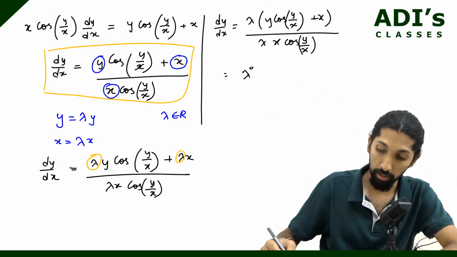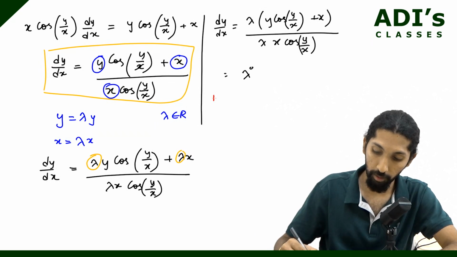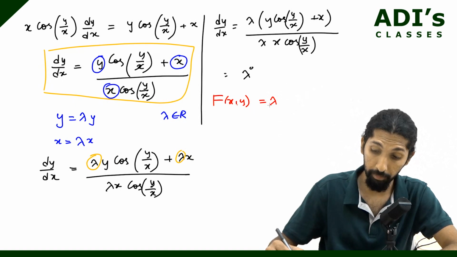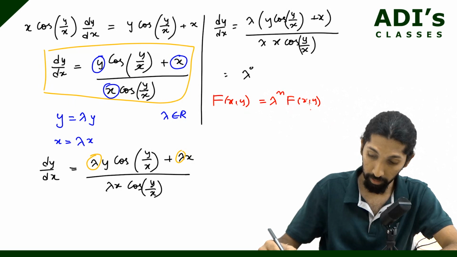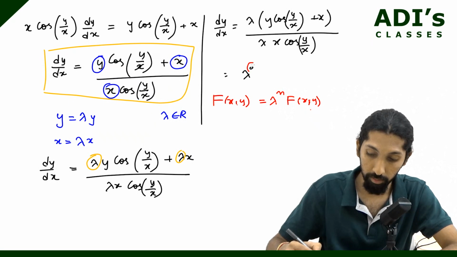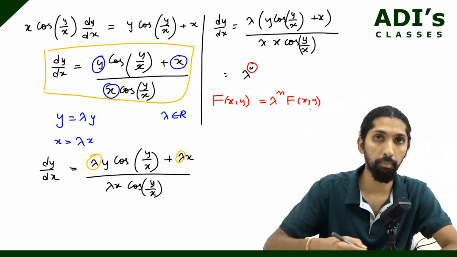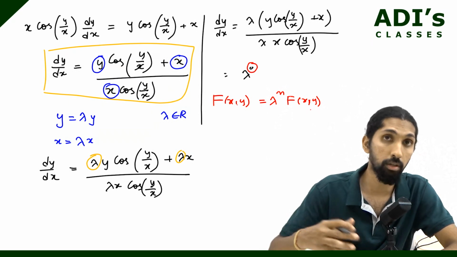We saw that the function f of x comma y can be written as lambda to the power of n into f of x comma y. The only thing is, in our case the n value is 0 because it's lambda power 0. Not all the time it will be lambda power 0. You can have lambda power 1, 2, 3, whatever.